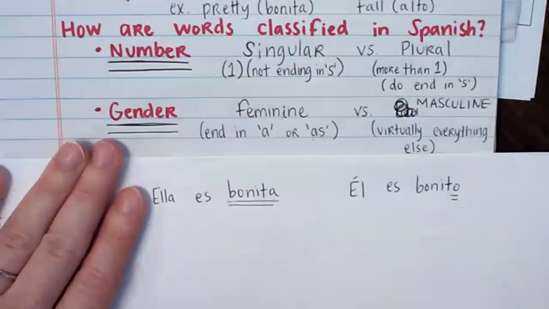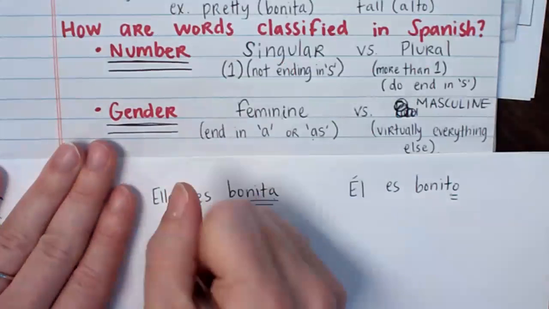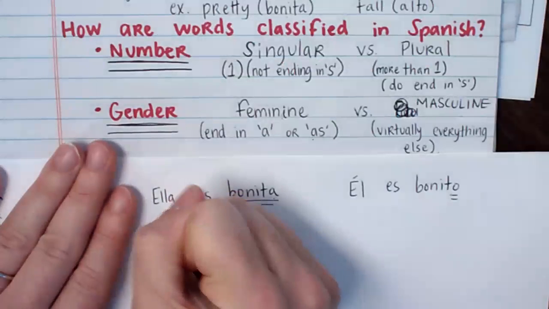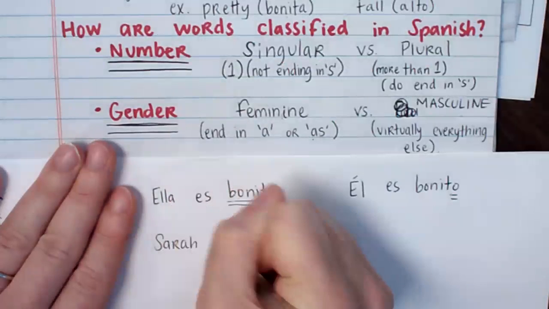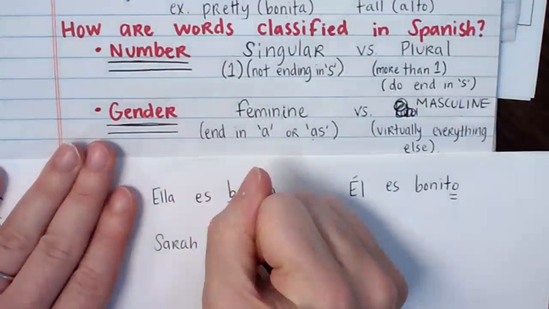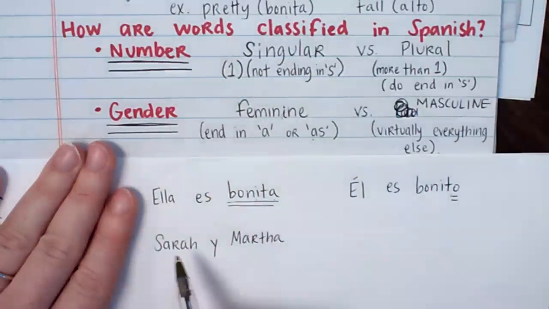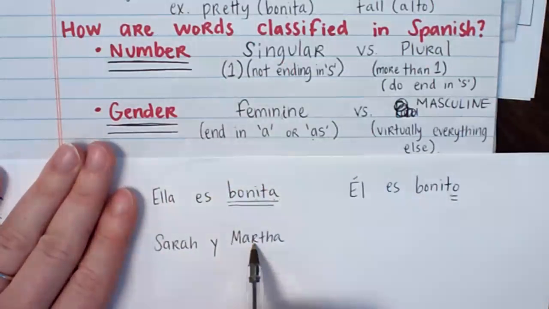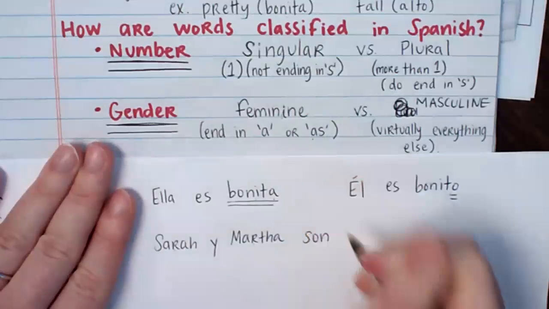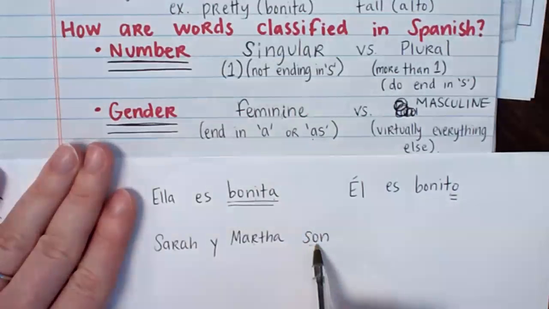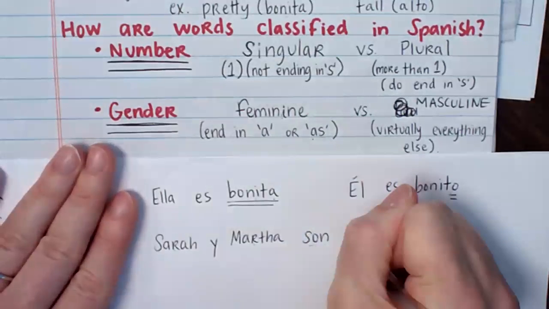And then if I'm talking about a group of girls, so if I want to talk about Sarah y Martha, two girls, I'd say they are, Sarah y Martha son, I have to use a form of ser. And then I'm going to take the word for pretty.